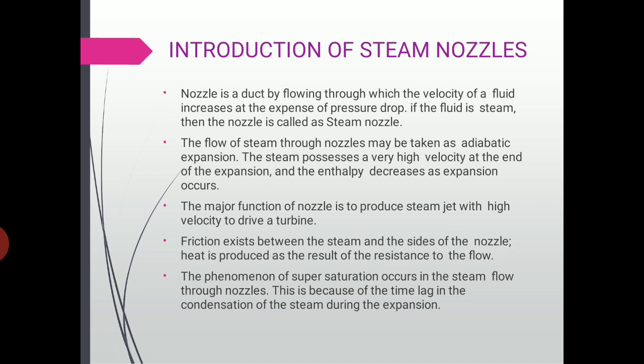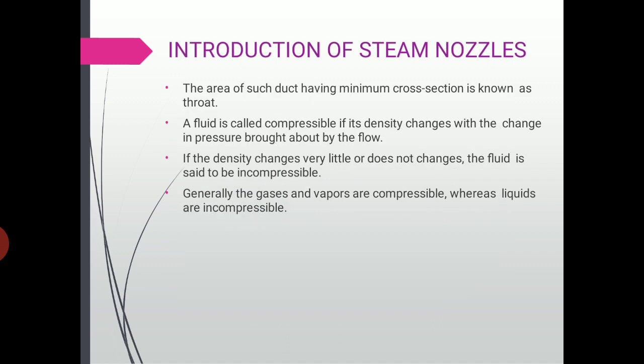This is because of a time lag in the condensation of the steam during the expansion. I'll talk about what supersaturation is in detail. So this is a brief definition of a steam nozzle.